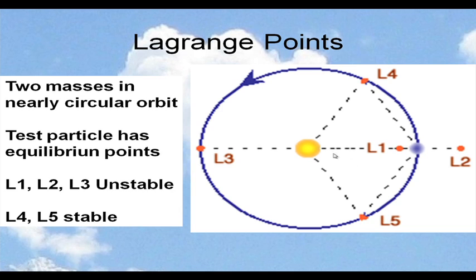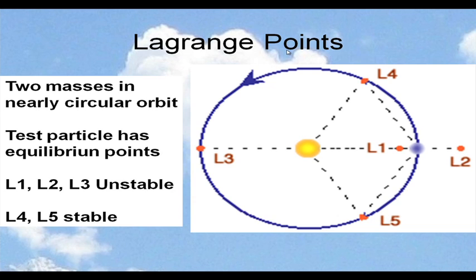So you go to a reference frame which is rotating with Jupiter around the sun, and then ask the question: are there positions where, if I put a test particle, it will be in equilibrium? Let me repeat this. If I have two bodies like the sun and Jupiter, Jupiter goes around the sun in a nearly circular orbit.